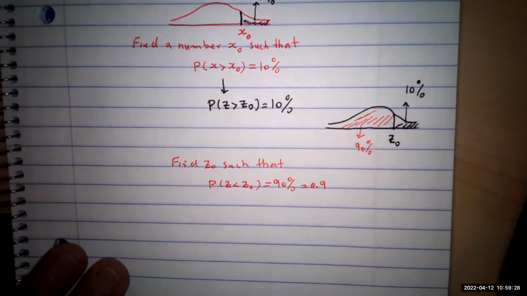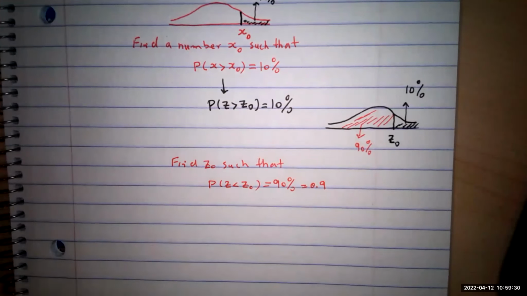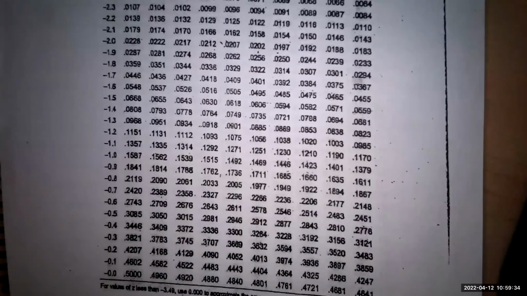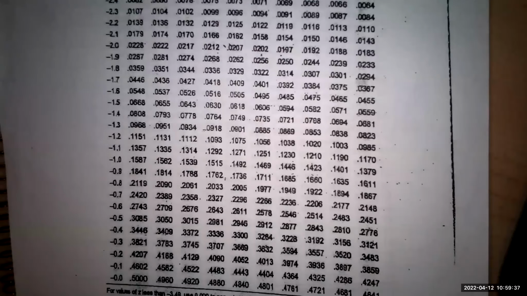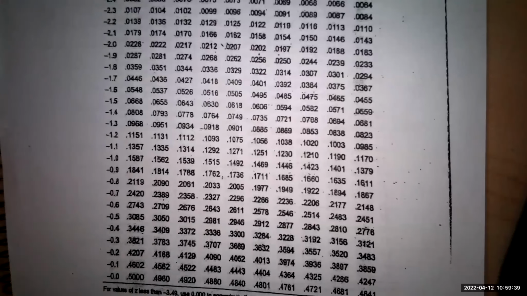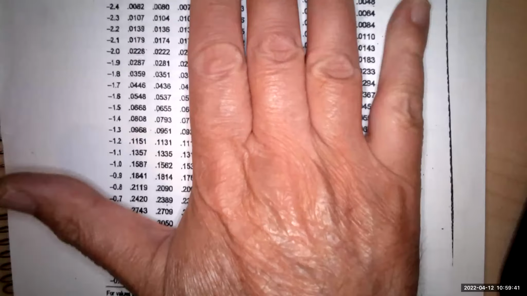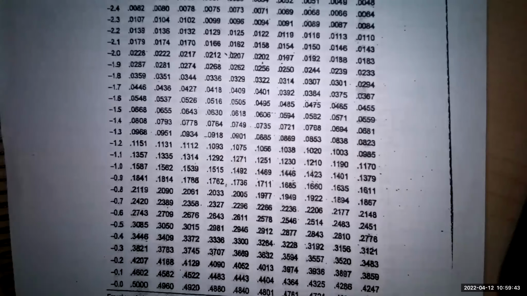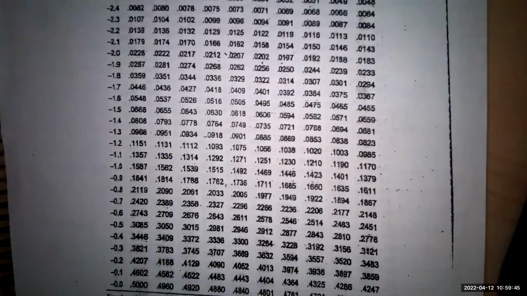Now, you have two choices. If you want to use the table, go back to that table. Remember, the first column is the z number, and these are the area to the left of the z, or the percentage. So you already got that the area to the left is 90% or 0.9.